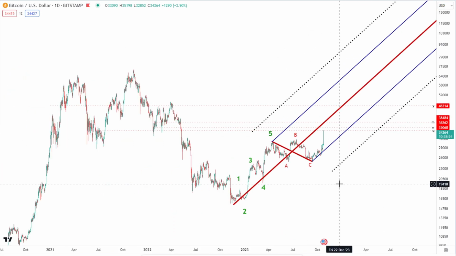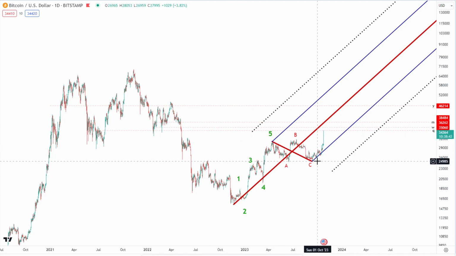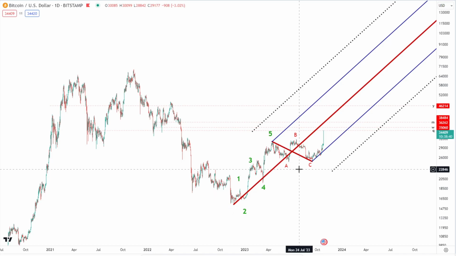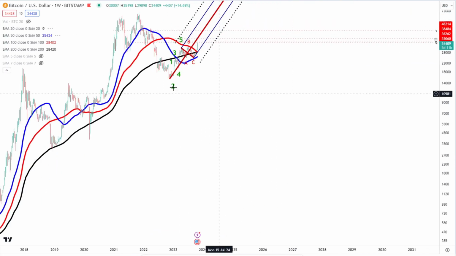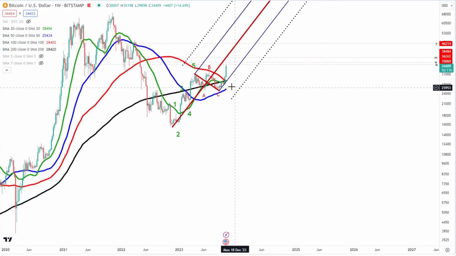Now, as I say, because of the tailwind that we have with the halving, with regards to the Bitcoin spot ETFs on the near horizon hopefully, all of that said, as well as the impulse and the correction just behind us, and also the 200-week simple moving average, which if we pull up the weekly and pull on our simple moving averages, it's this black line here.